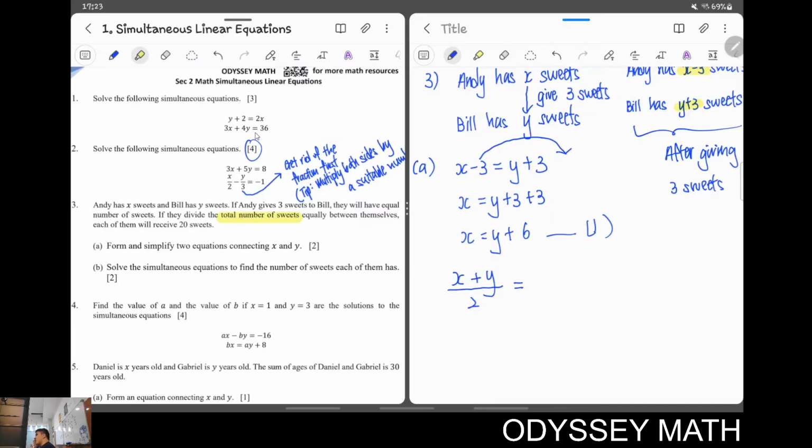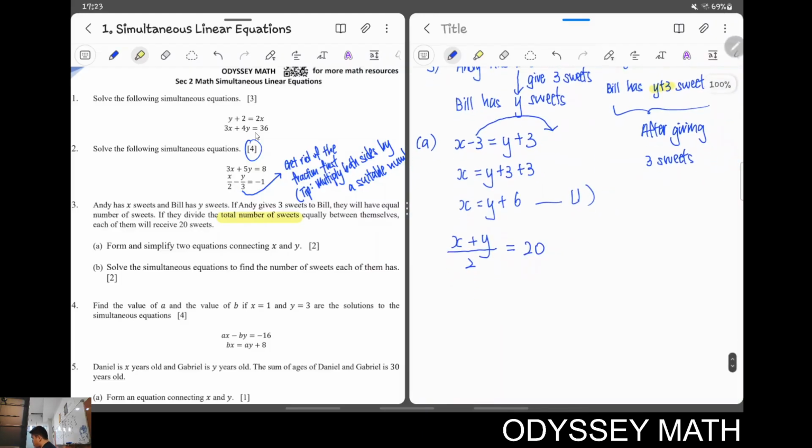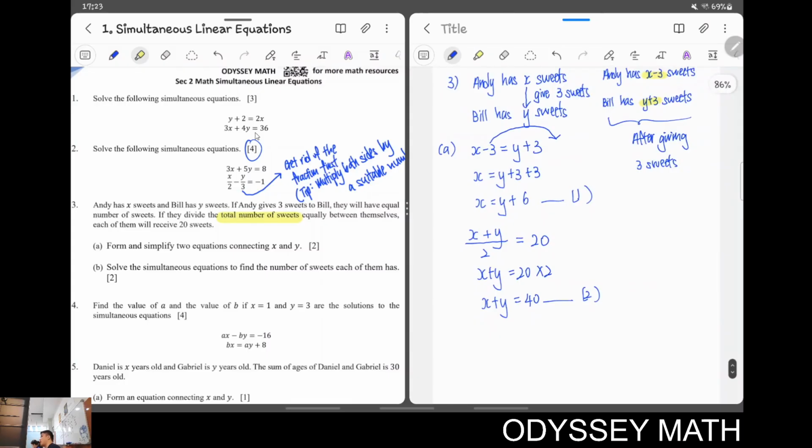Each of them will receive 20 sweets. So X plus Y divided by 2 must equal 20. We move the 2 over, it becomes X plus Y equals 20 times 2. So X plus Y equals 40. We call it equation 2. And we are done with part A.